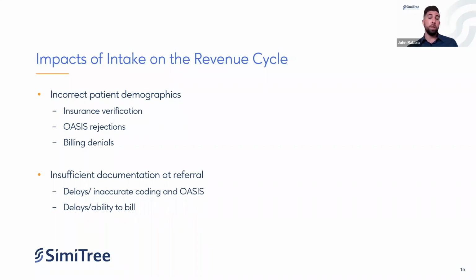So we need to make sure that we are getting that correctly up front. Also, not getting adequate referral information up front is going to lead to delays in being able to accurately complete the OASIS. We're not going to have the codes, we're not going to have the clinical documentation to support our OASIS responses. So it's very important that we're able to get that information up front to set everyone up for success in terms of completing that.